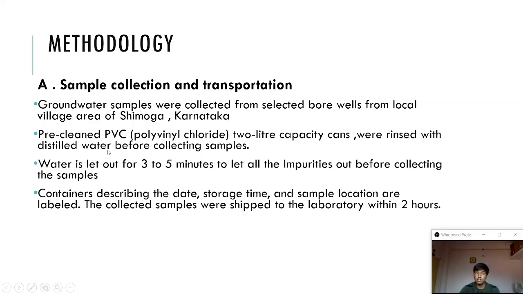Pre-cleaned PVC, that is polyvinyl chloride, cans of 2-liter capacity were rinsed with distilled water before collecting samples. So we are using distilled water to clean these because we need to maintain hygiene and not mix in any dust particles that were in the cans previously.